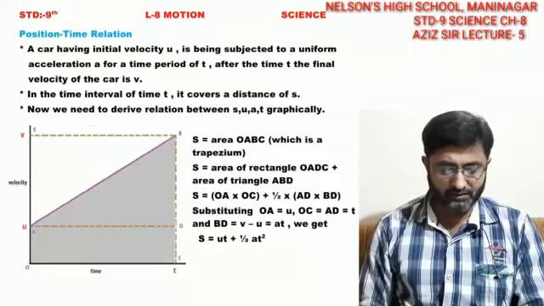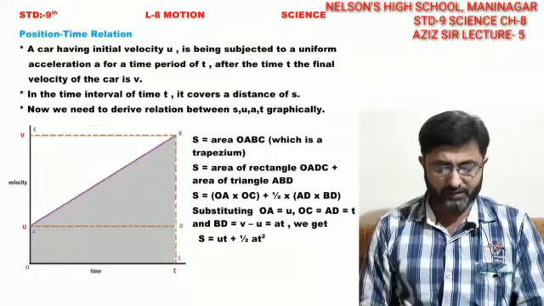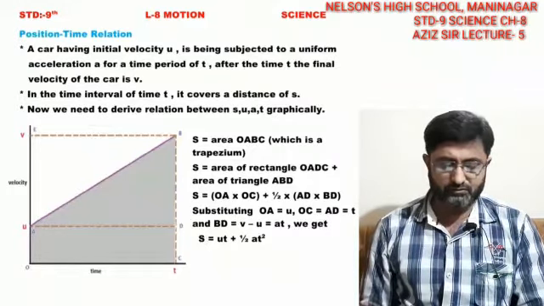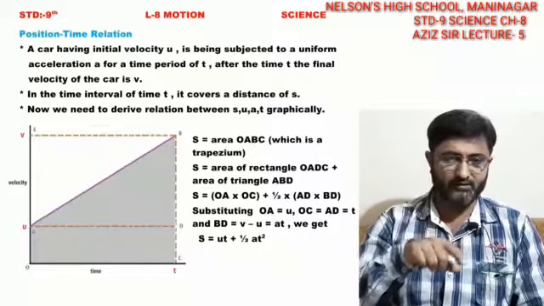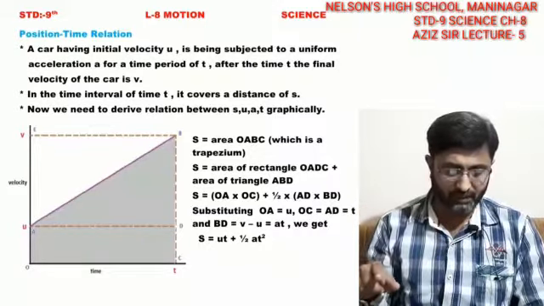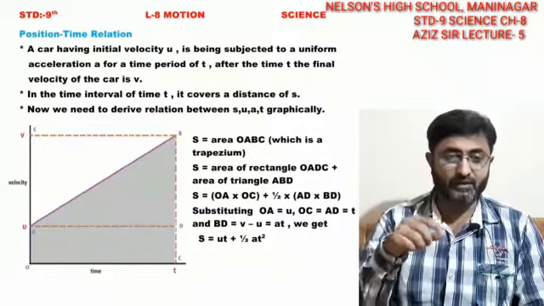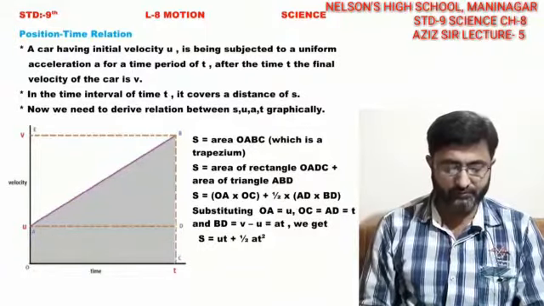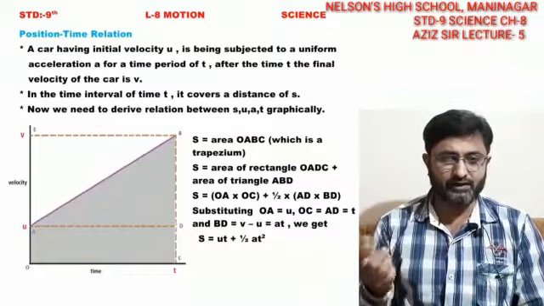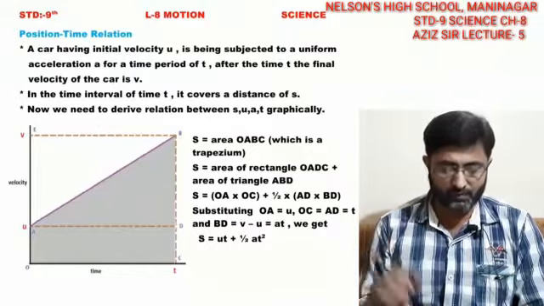So here the triangle is ABD. In the same way, if we take out the area, it will be OA into OC. OA is on the y axis and OC is on the x axis. So the area of the rectangle is length into breadth, that is, length is OA and breadth is OC. Similarly, the area of the triangle is half into altitude into base.